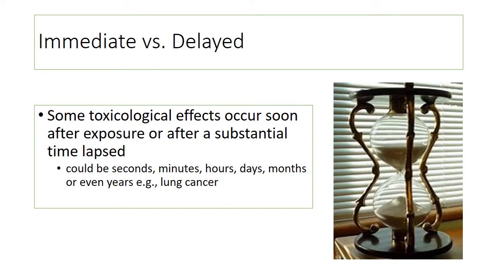But the ones that take a bit of time may be more difficult to catch, because perhaps you leave your animals in the cage and go home, and when you come back tomorrow you find that something has happened or the animal has died. So it's delayed. With the compounds we're working with, we need to always ask ourselves: I'm not seeing anything now, but is it because there's a delayed effect, or perhaps there's no toxicological effect at all? I hope that makes sense.